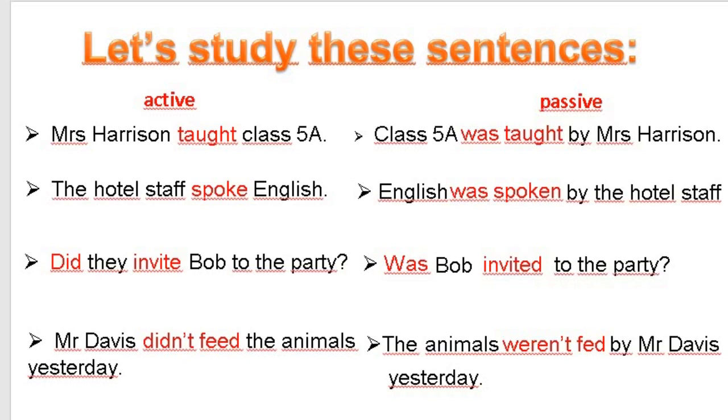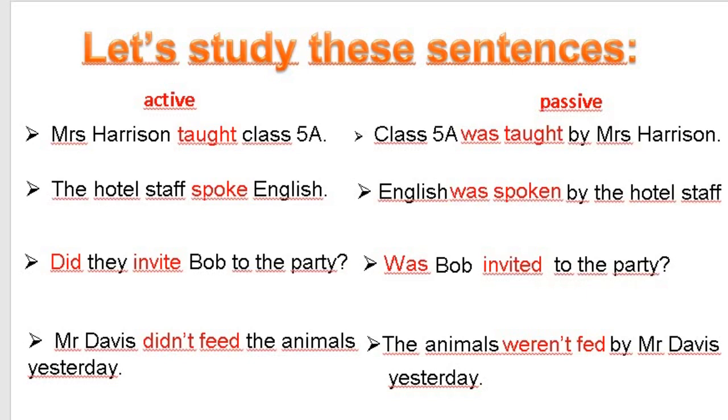The hotel staff spoke English. Who spoke English? The hotel staff. The hotel staff is the subject of our sentence, and spoke is the verb used in the past. So, while making it passive, we have to use past simple passive.